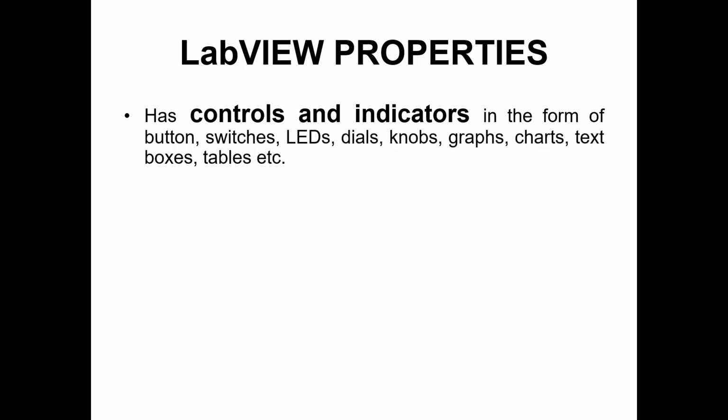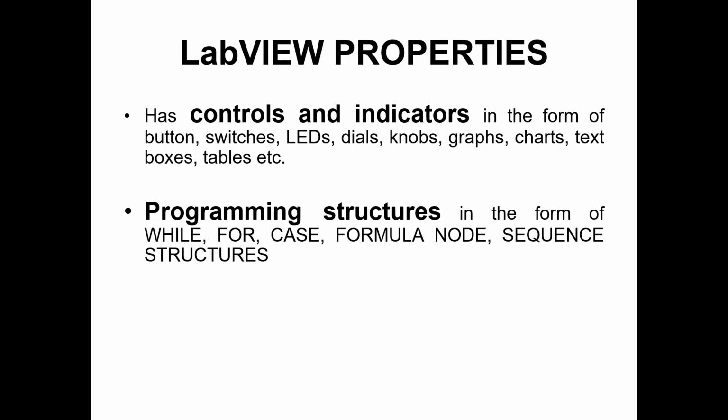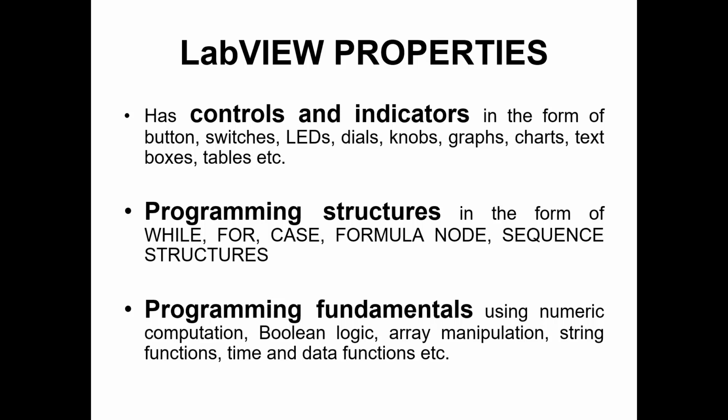It has controls and indicators in the form of buttons, switches, LEDs, dials, knobs, graphs, charts, etc. Programming structures in the form of while loop, for loop, case, formula node, sequence structures, etc.